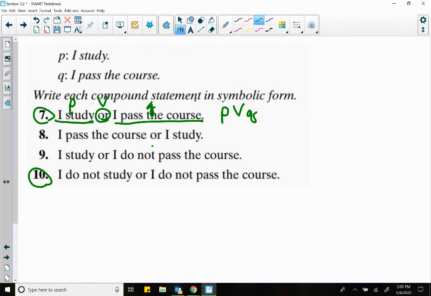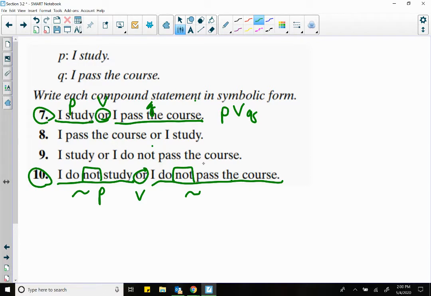Super important. All right. The last one, number 10. I do not study. All right, so there's a not. So that's a squiggle. I do study. So that's all about P. Oh, I see or, circle it. So we know that's V. And then I do not pass the course. So there's a not. So we know it's squiggle.